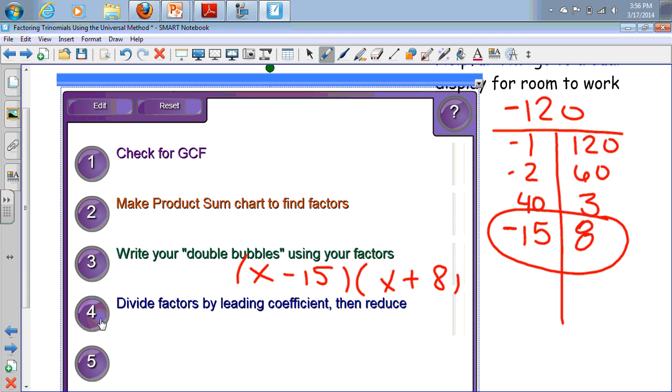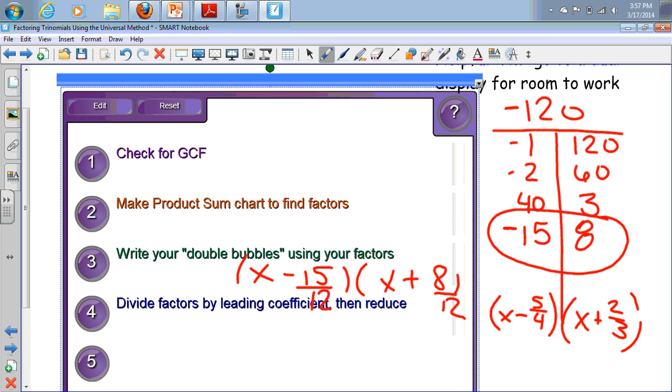Yes, divide by the leading coefficient, which was 12, right? So over 12, then simplify. So now we have x minus, between 15 and 12, 3, 5/4. And then 8 and 12 is 4, so x plus 2/3.